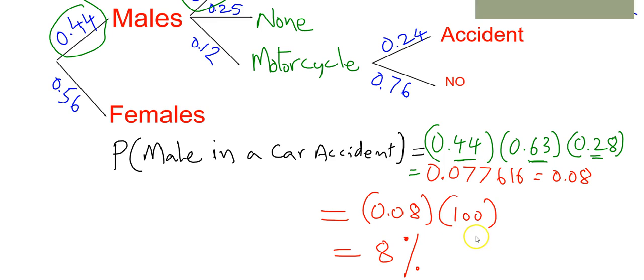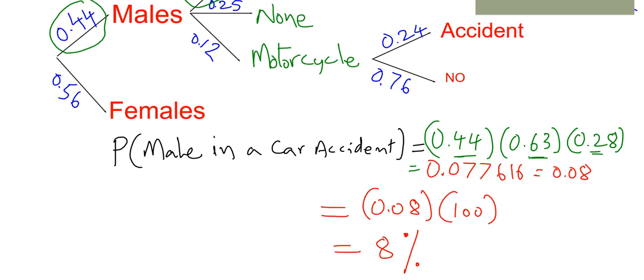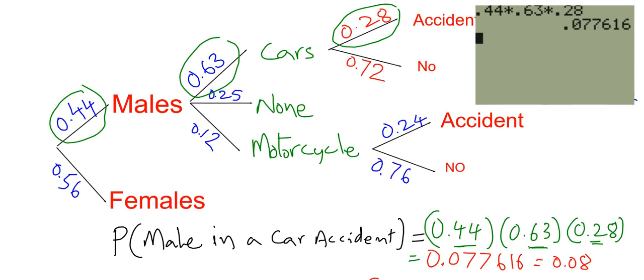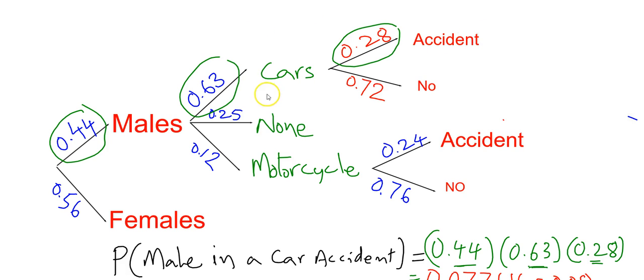That's the one fact. In the same way, you can also find what is the probability of a male student who is involved in a motorcycle accident or not involving in an accident. Any information, whatever you want to know about the male students, that is available from this tree diagram, or you can also use that Venn diagram.